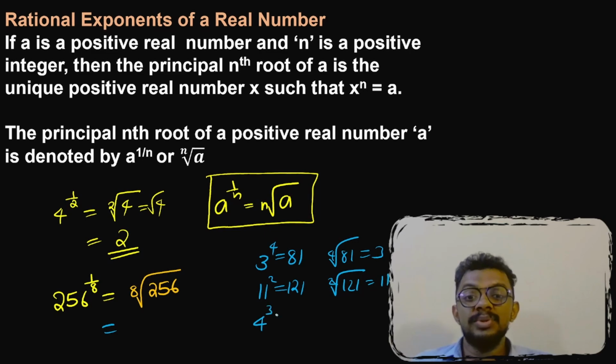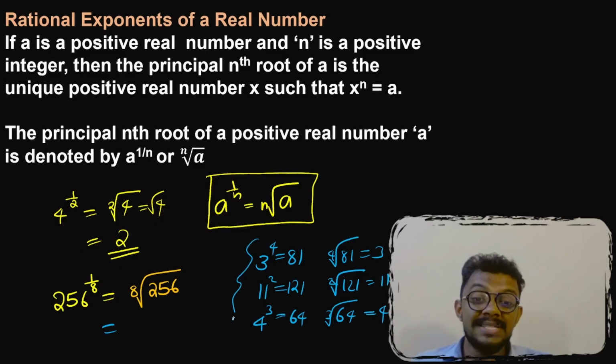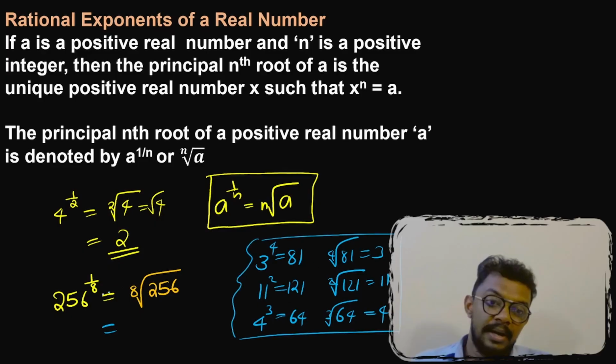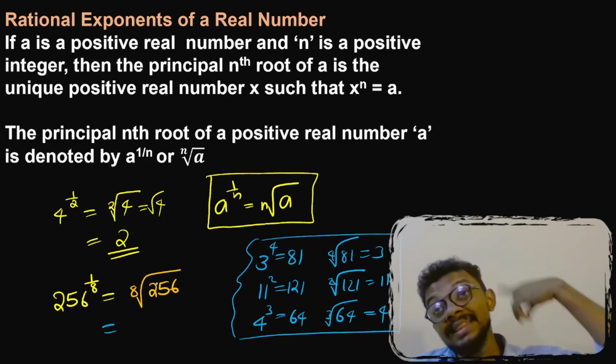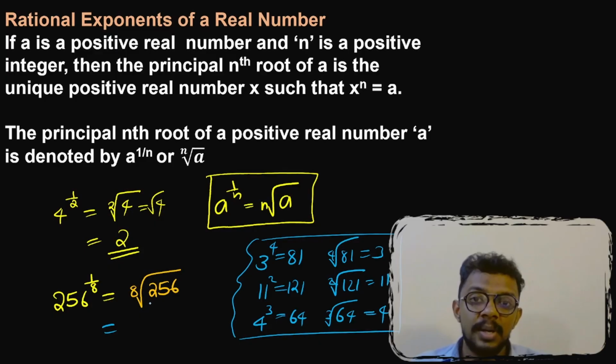I know 4 raised to 3: 4 into 4, 16; 16 into 4, 64. So the cube root of 64 is basically 4. So don't forget the meaning of root. Now our question is the eighth root of 256. For some number, its eighth power is 256. Which is that number? That's the question.